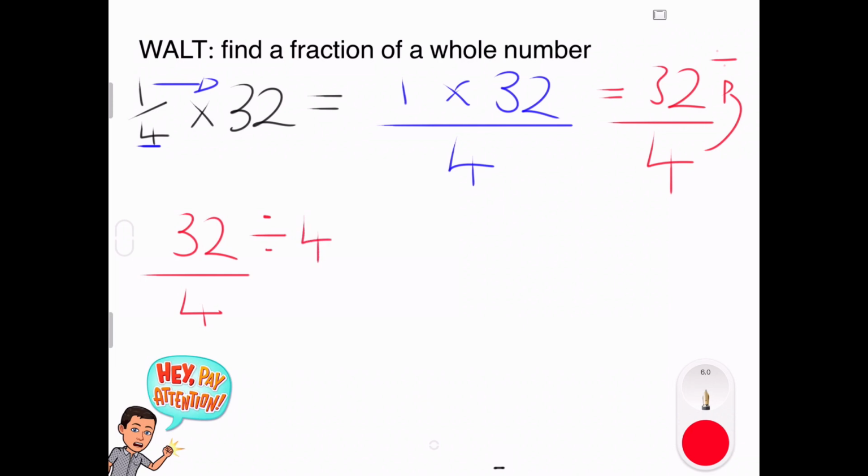All right, so I know that 32 divided by 4, or 4 times what equals 32, because I know that I can switch them around. I know that 4 goes into 32 8 whole times. Okay, 8 times 4 is 32. There is nothing left over. All of that is shared equally. So that is the process that I need to do.